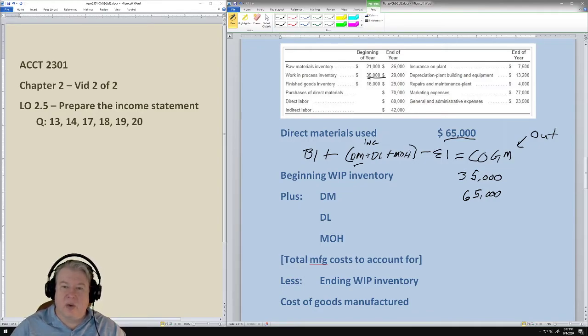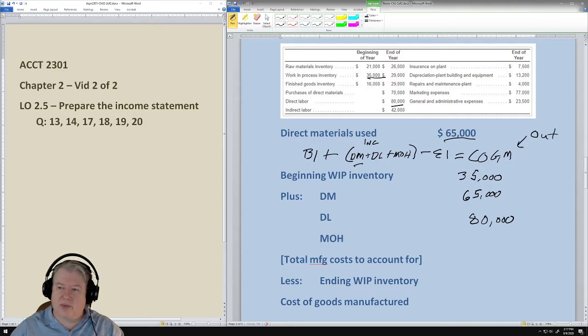Direct labor, we are just told that number. Here's the direct labor. The manufacturing overhead is, well, we're going to have to figure that out. So remember, when we talk about manufacturing overhead, we have product cost and period cost. And remember, the difference is product costs are ones that deal with the factory environment, and period costs are the ones that don't have anything to do with the factory.